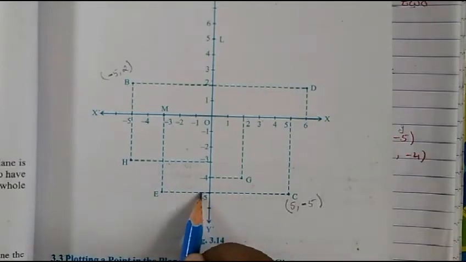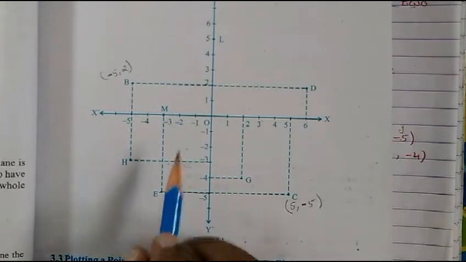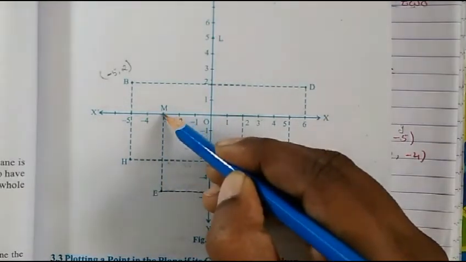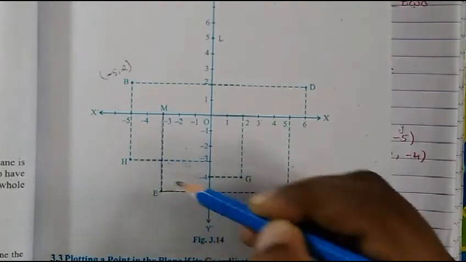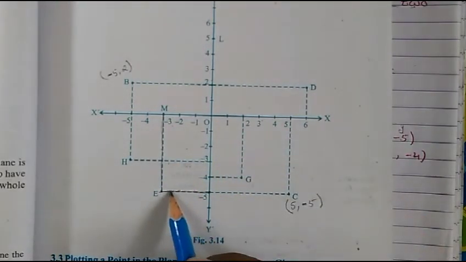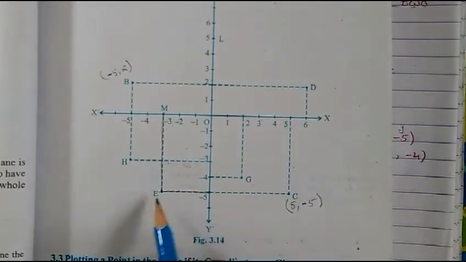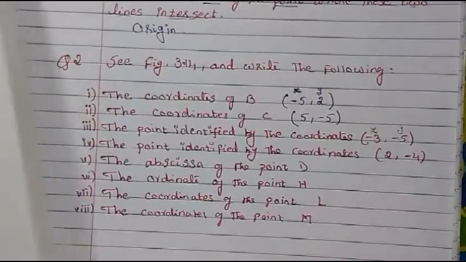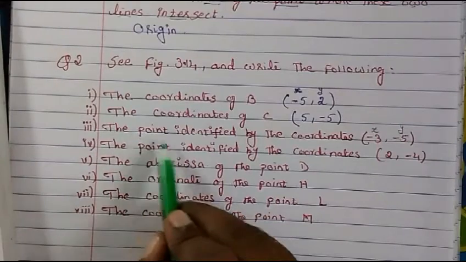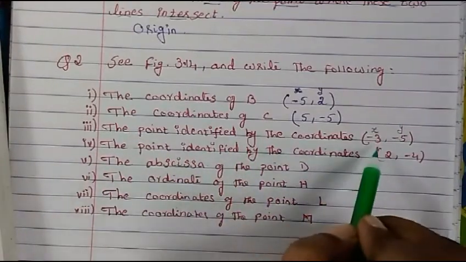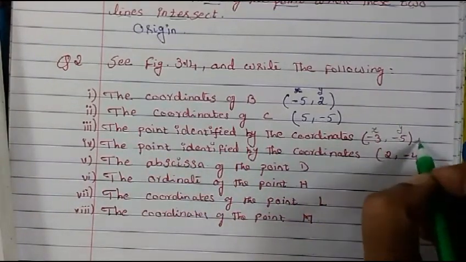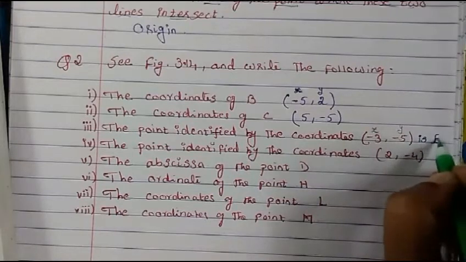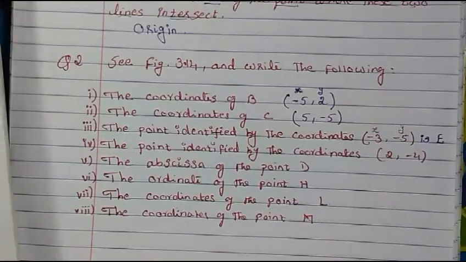So from -5 I draw the line, and then from -3 on x, it is this direction. Both meet at what point? They are meeting at the point E. So the answer for this question, the point identified by the coordinates -3, -5, is E.